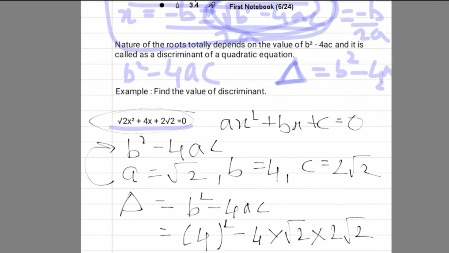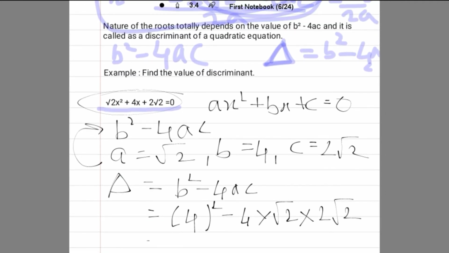So further on substituting, that is 16 minus 4 into root 2 into root 2, which is 2. So it will be 2, and 4 into 2 is 8, into 2 is 16. So 16 minus 16 is 0. So what we got is, the value of b square minus 4ac is 0.